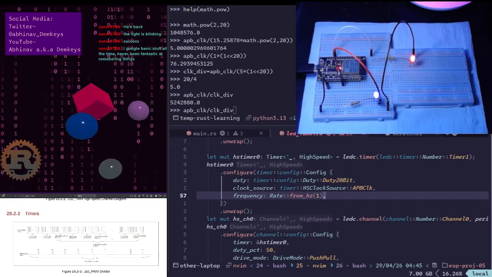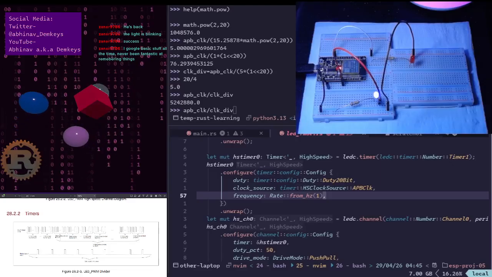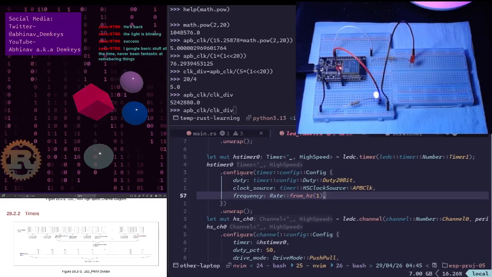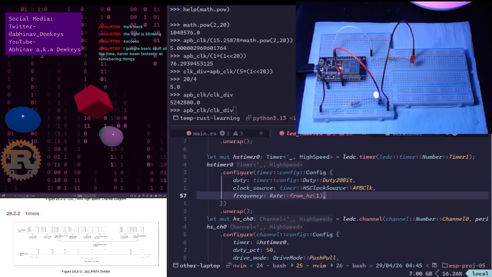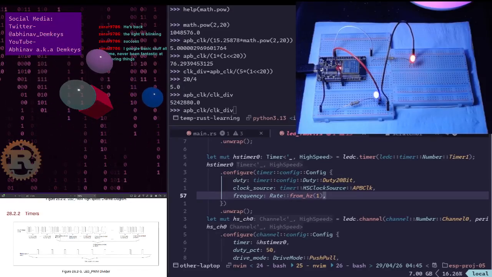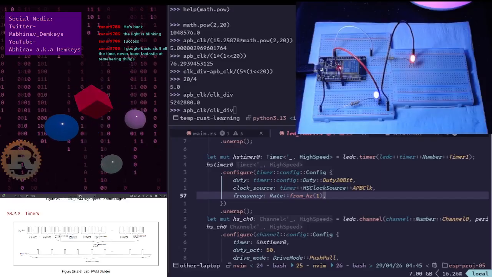But I don't understand what hardware is doing that. And I also don't know where in the TRM I would find this info.